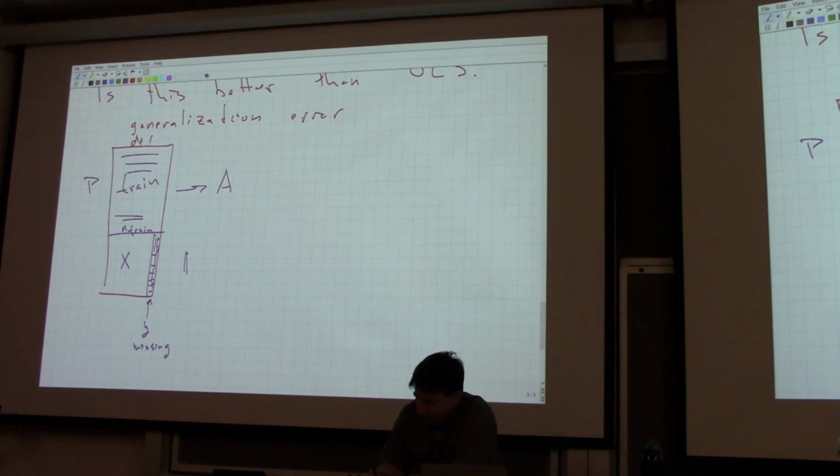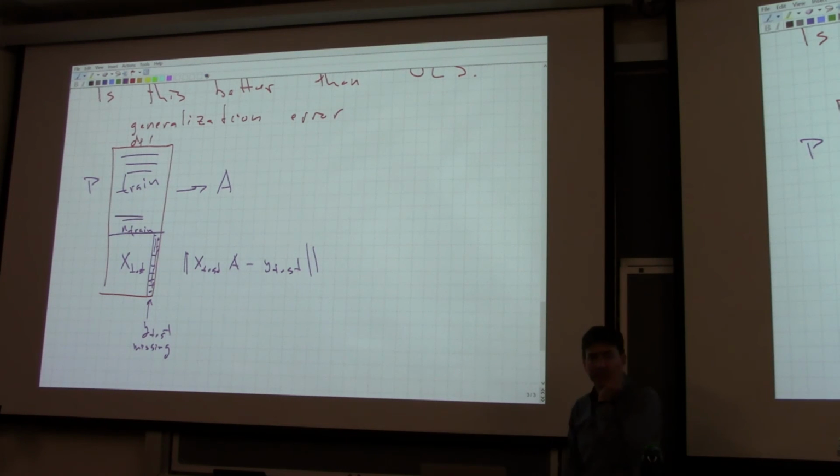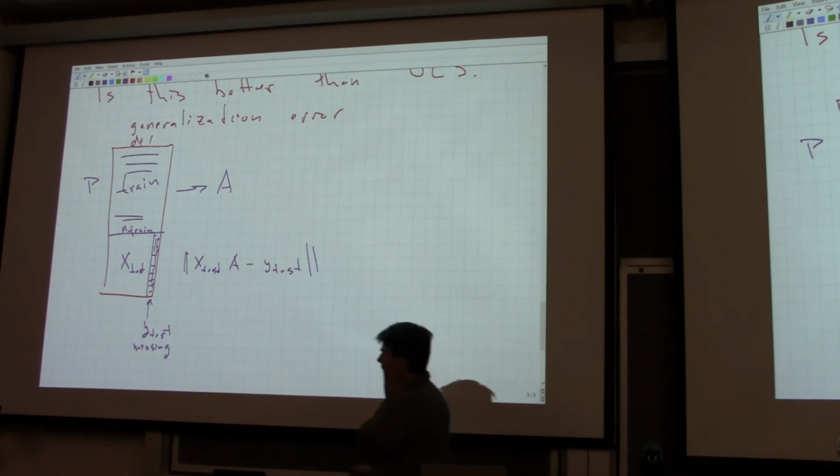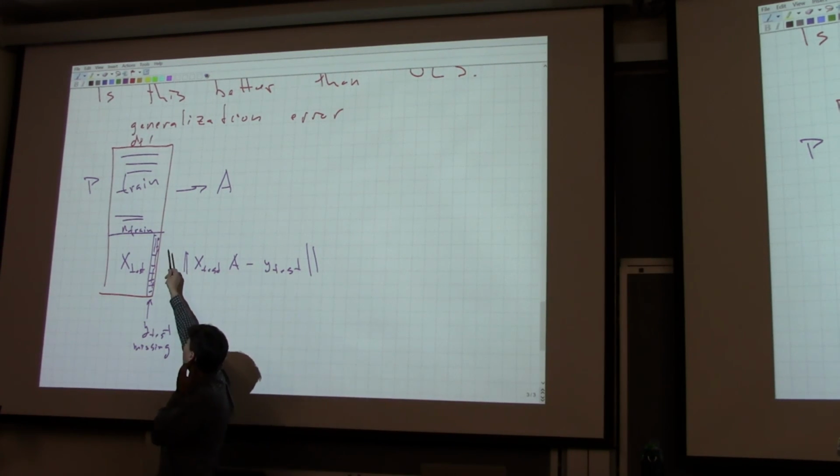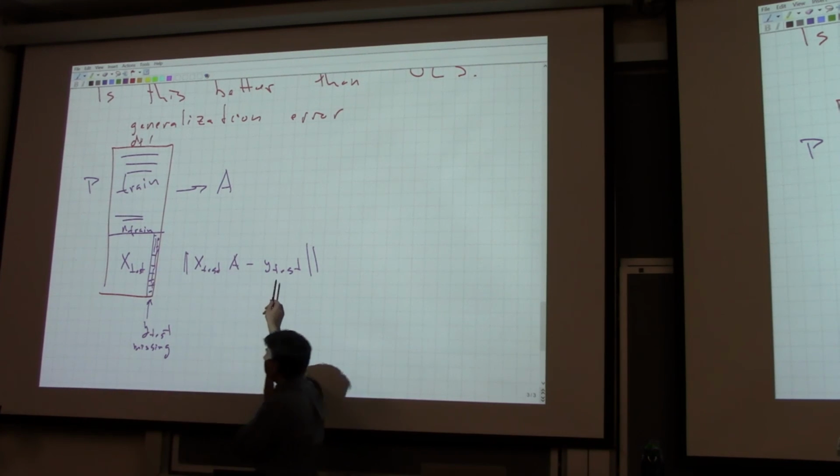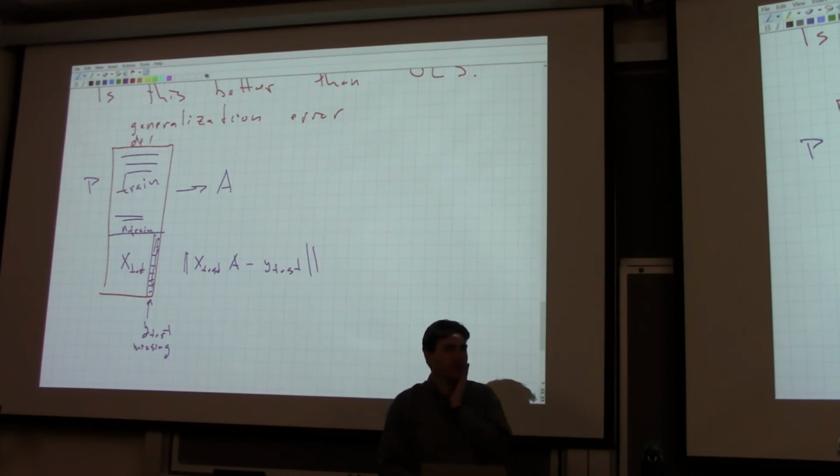You want to say, from this X test times A minus Y test, you want this error to be small. So I train on the data up here, but then I want to evaluate it on this other data I haven't seen yet.